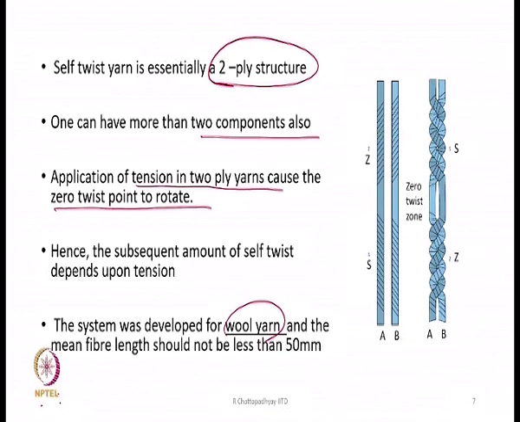If you use long staple fibers, that could be man made fibers, the system can also work with those, and the mean length of the fiber should be at least 50 millimeter. So, the longer the fiber length, the better it is. Basically it is a system meant for long staple fibers, and wool belongs to long staple fibers.